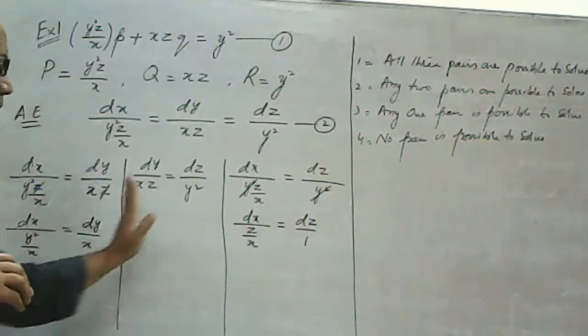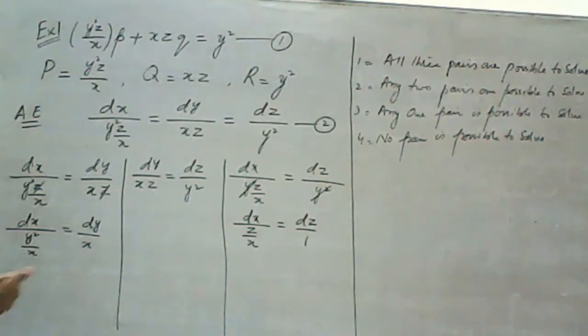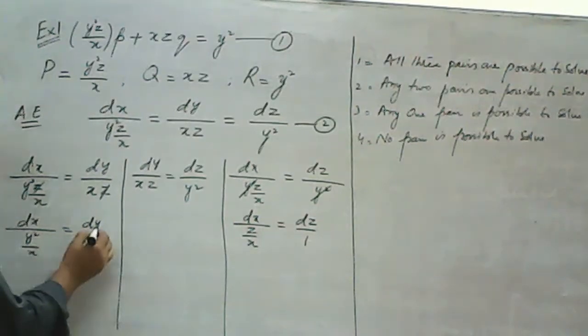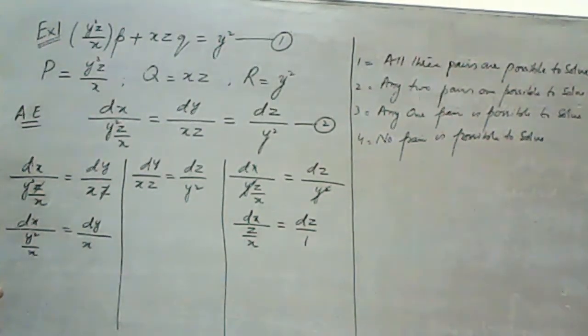Now once simplification has been done, look at these denominators carefully. In the numerator in pair 1, we have dx and dy. Since the variable z is missing from the numerator, we do not need z in the denominator either. For a possible solution, it is mandatory to have no term of z in the denominator as well.